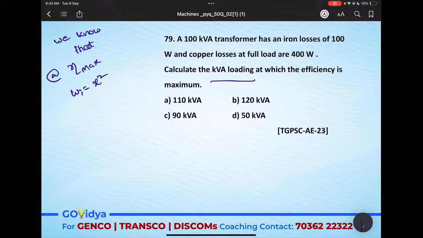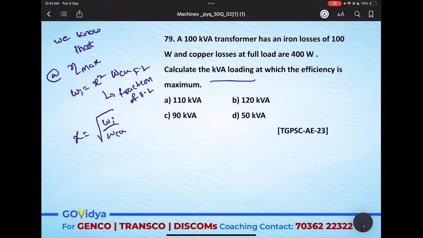Iron losses are equal to x square into full load copper losses, where X is the fraction of full load. From this you can write X as square root of iron losses by copper losses.